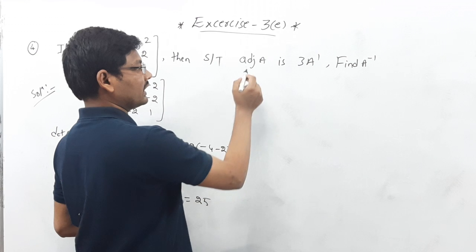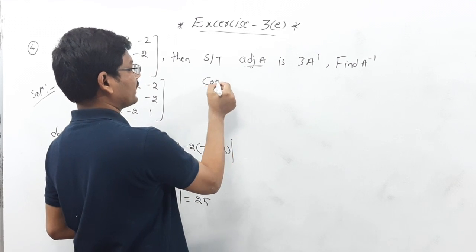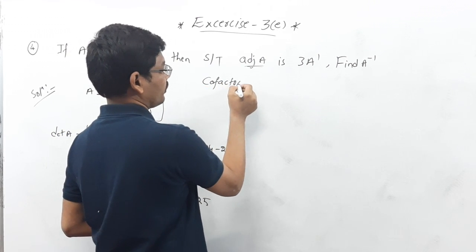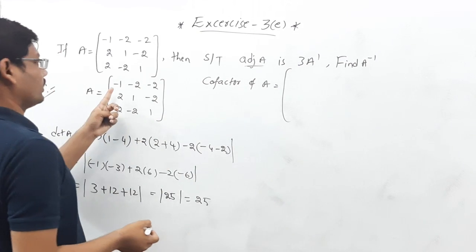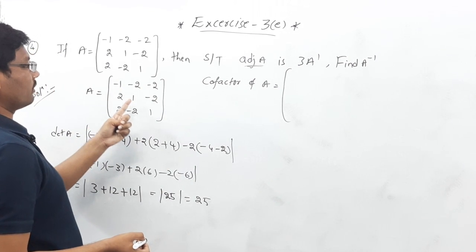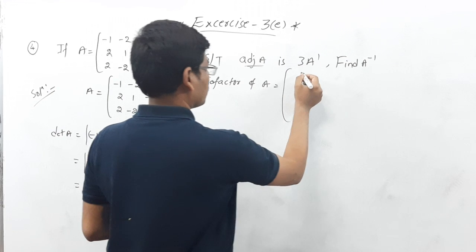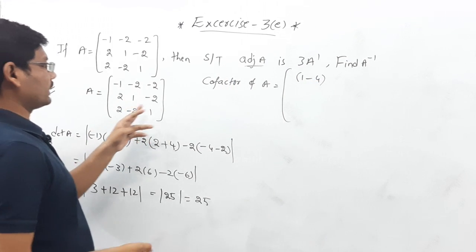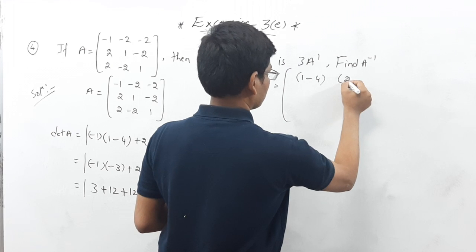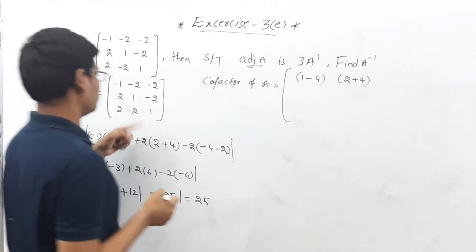To find adjoint A, we need cofactor of A, that is equal to, next for minus 1 minus of 4, 1 minus 4, and for minus 2 minus 2 plus 4, 2 plus 4.